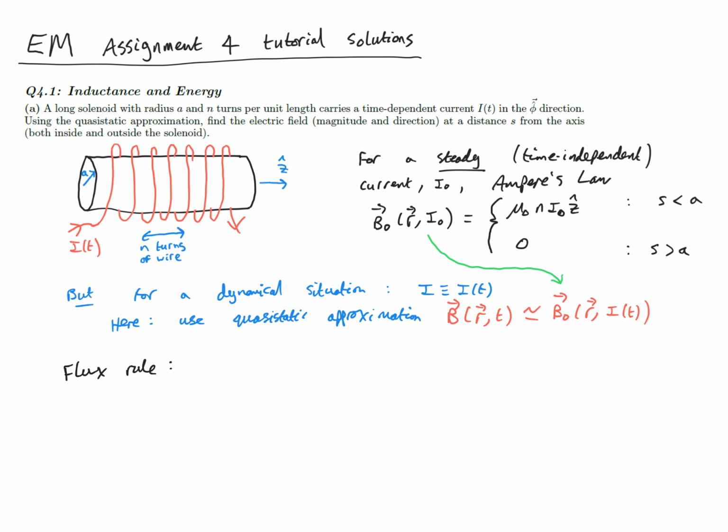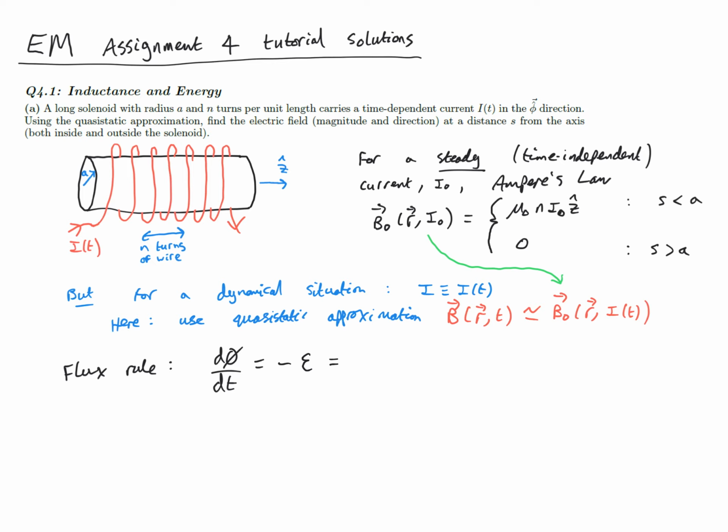The flux rule tells us that the rate of change of the magnetic flux is equal to minus the EMF. And the EMF is the work done per unit charge in driving that charge around a circuit. And of course, the work done is against the electric force, the electric part of the Lorentz force.